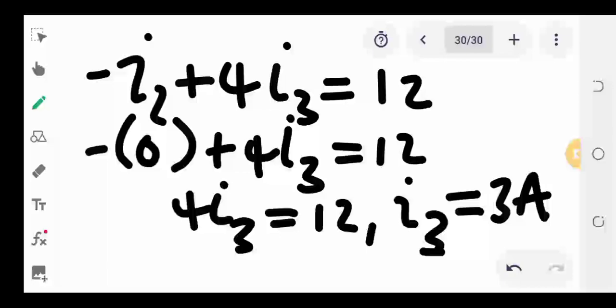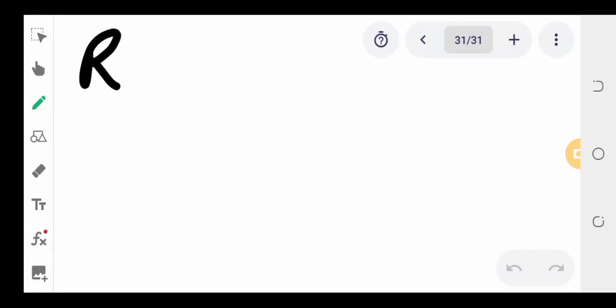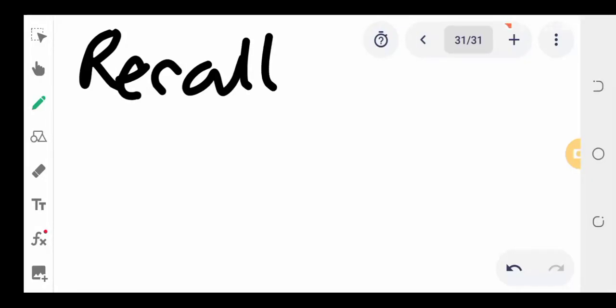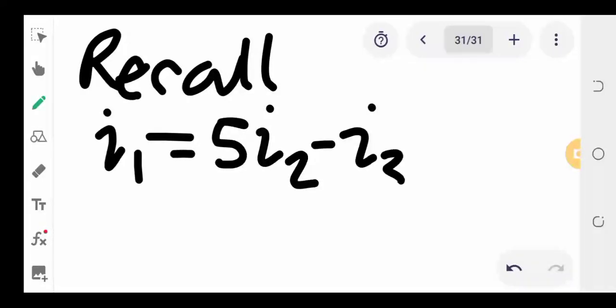Having that as my I3, to come up with I1, we need to recall that we made I1 the subject of the formula. It was equal to 5 I2 minus I3.